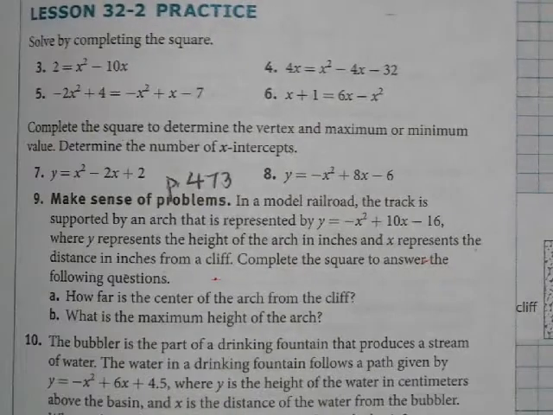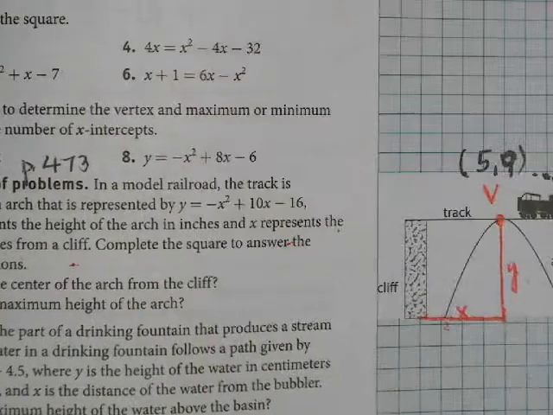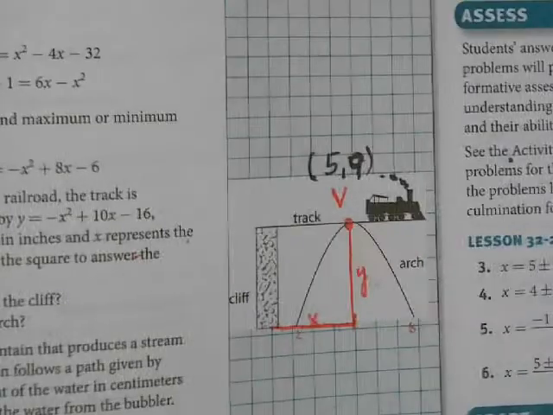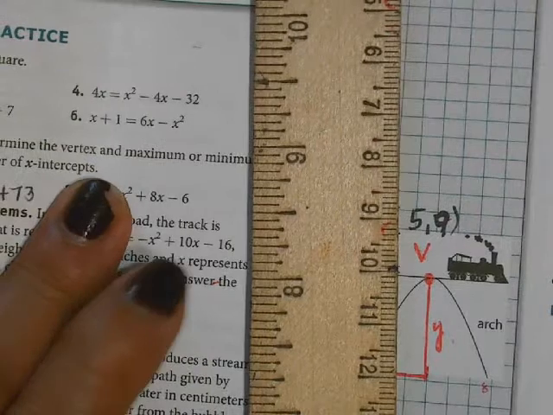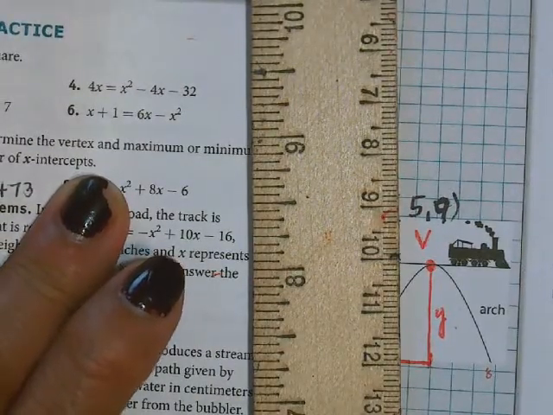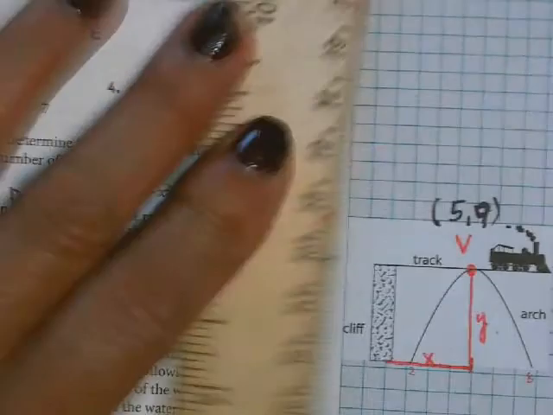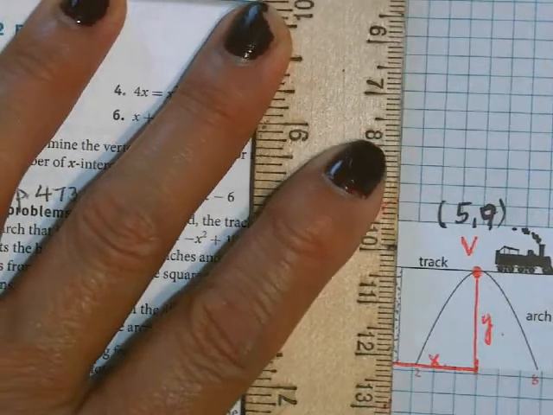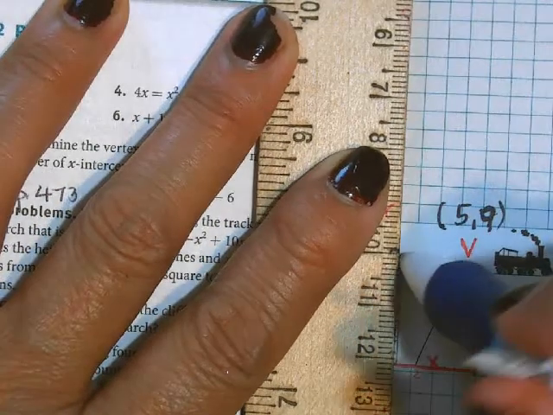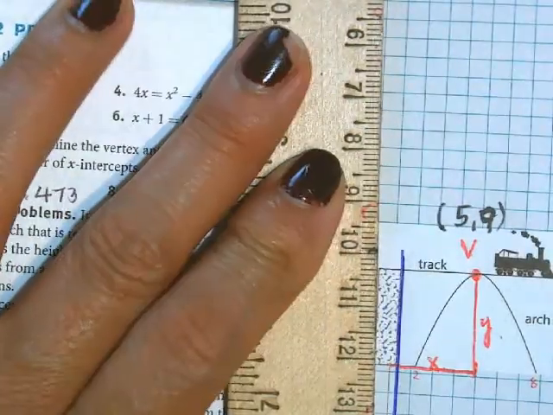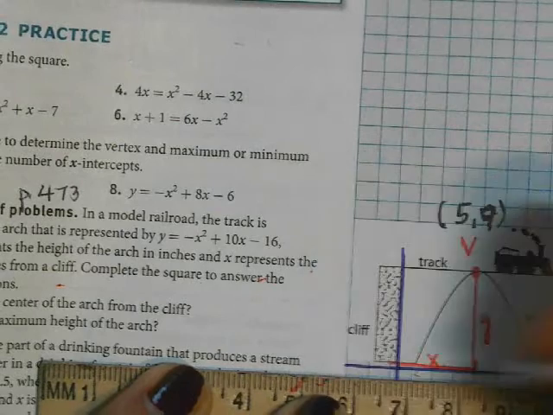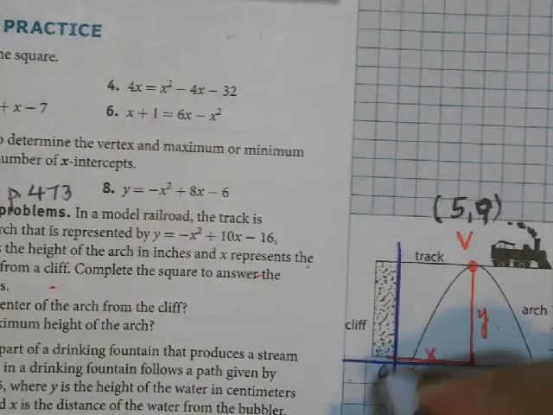There's also an illustration here on the side. As you could see, if we put our x and y axis here on the edge, let's say this is our x-axis and this is our y-axis, and this is 0.